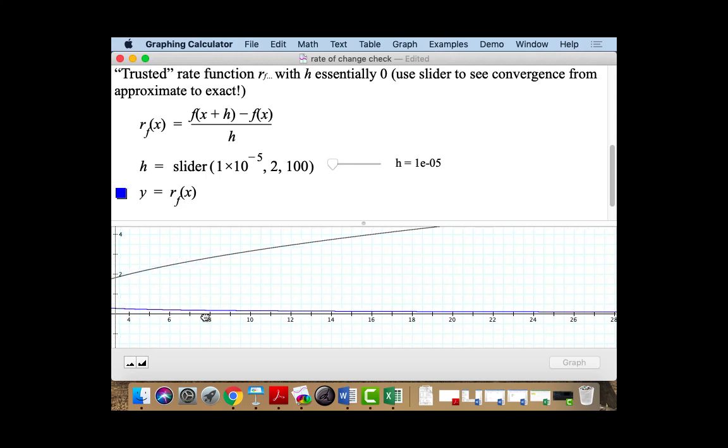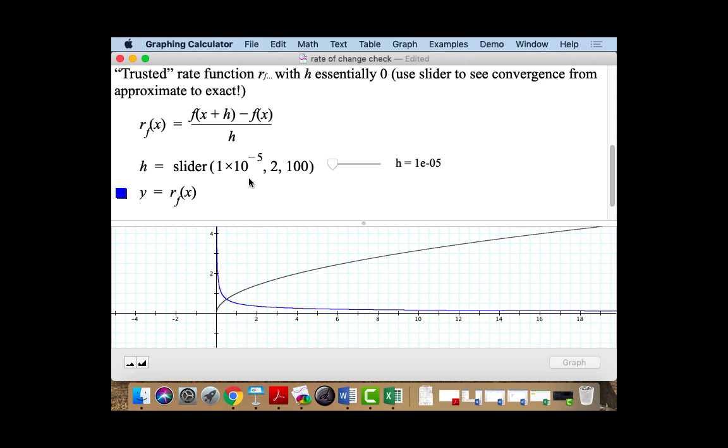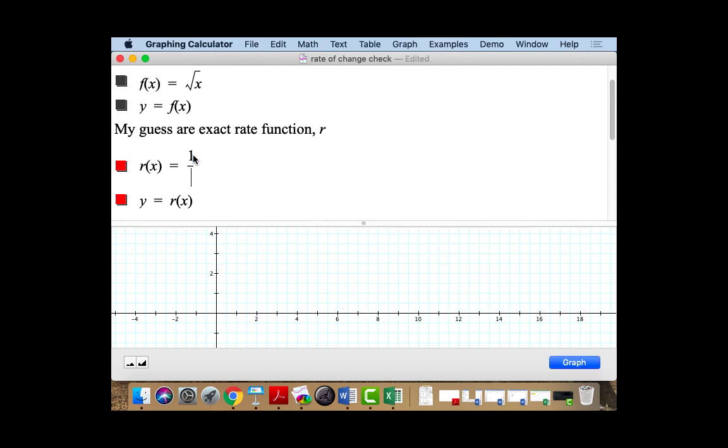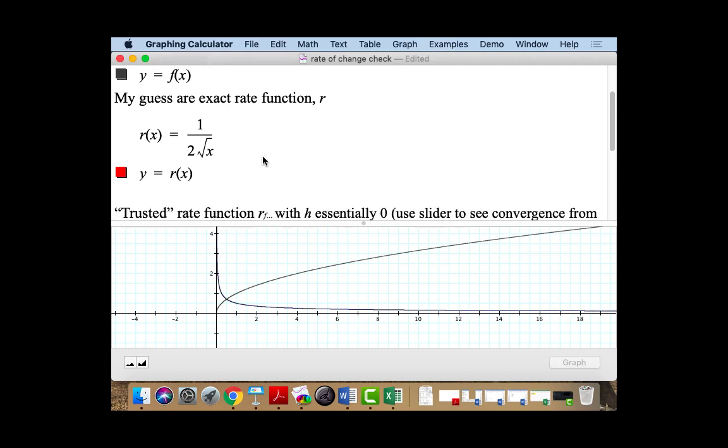But we also know what this function is because we just found it algebraically. And you can compare to see that you actually got the right function, or that that is valid, at least visualizing wise. We said it was 1 over 2 times the square root of x. So if I graph this rate function, that red and blue are right on top of one another.